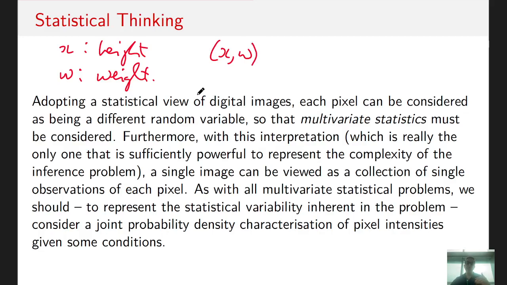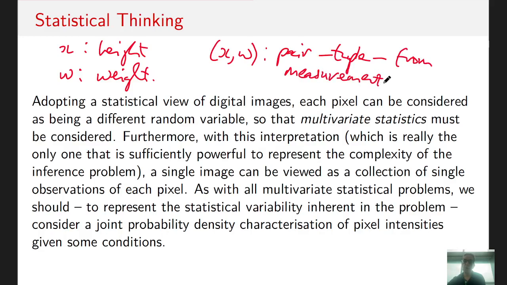So each person gives me two measurements. So I get a pair, or if you like, a tuple from each measurement, or if you like, let's call it experiment. So an experiment now involves the observation of two variables, x and w.